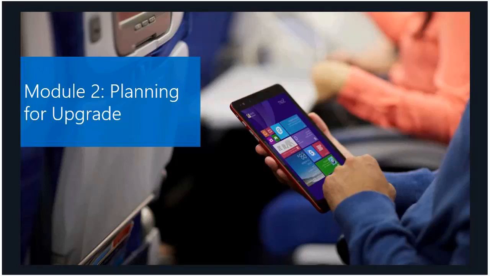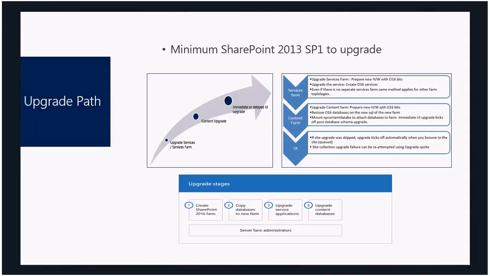Okay, so here is the upgrade path. I'm talking about SharePoint 2013 SP1 to be upgraded here. If you would like to upgrade into SharePoint 2016, you should have SharePoint Server 2013 SP1. So you might ask, what happens if right now we have SharePoint 2007, or SharePoint 2010?